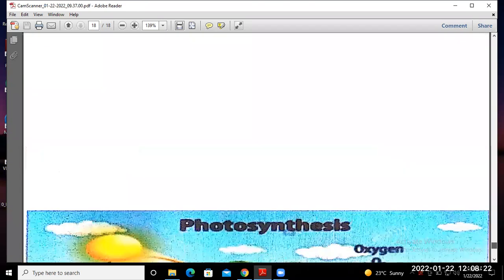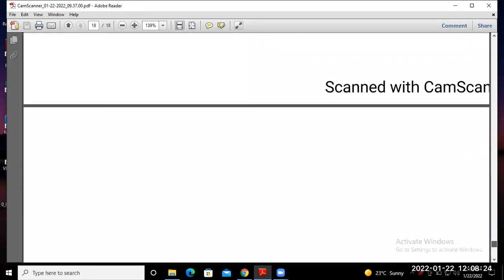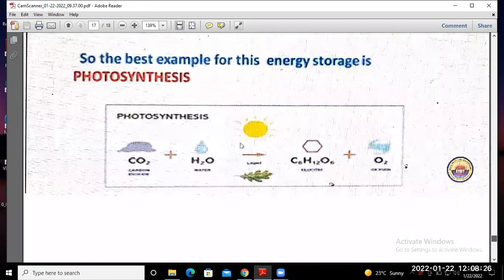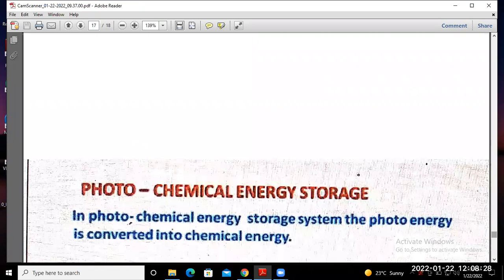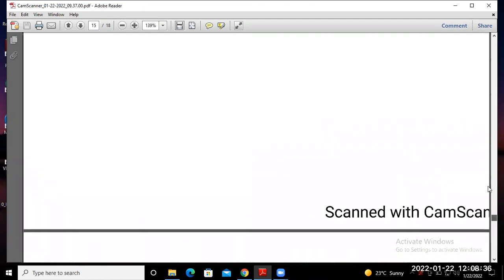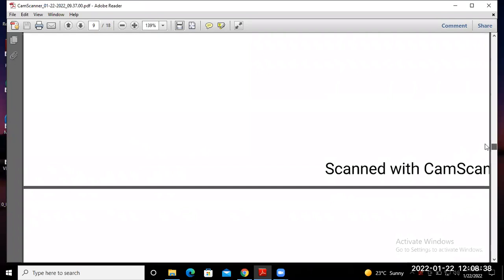So this is all about the electrochemical and photochemical energy, all about this chemical energy storage system.